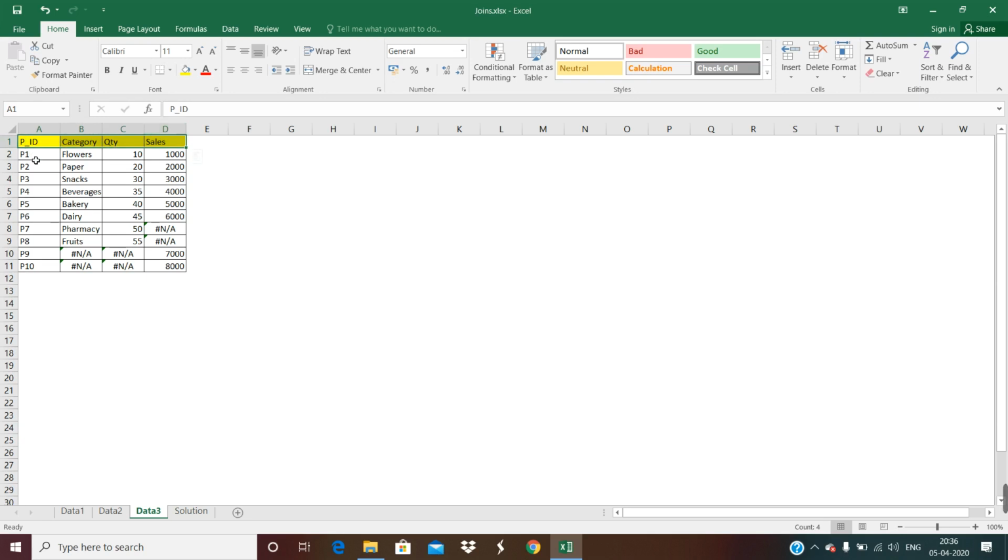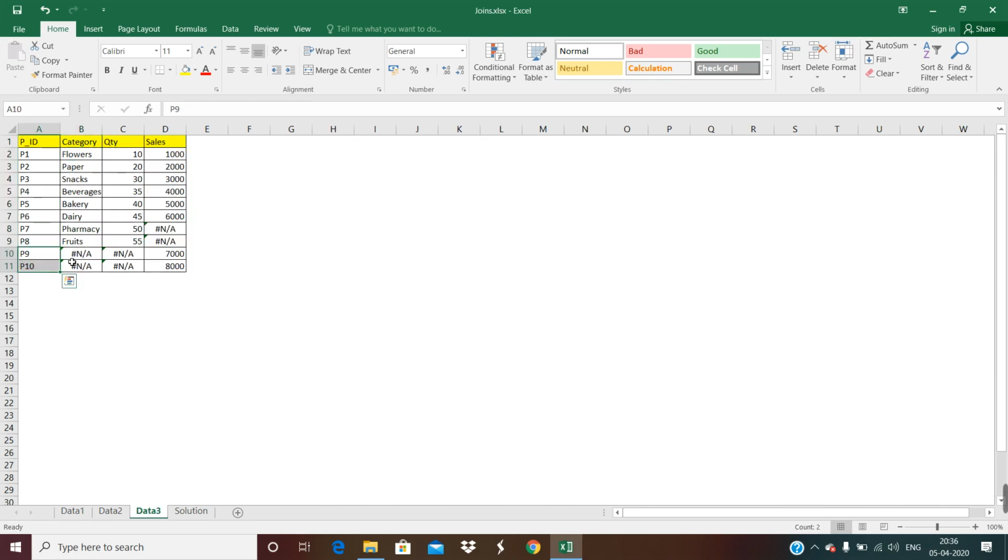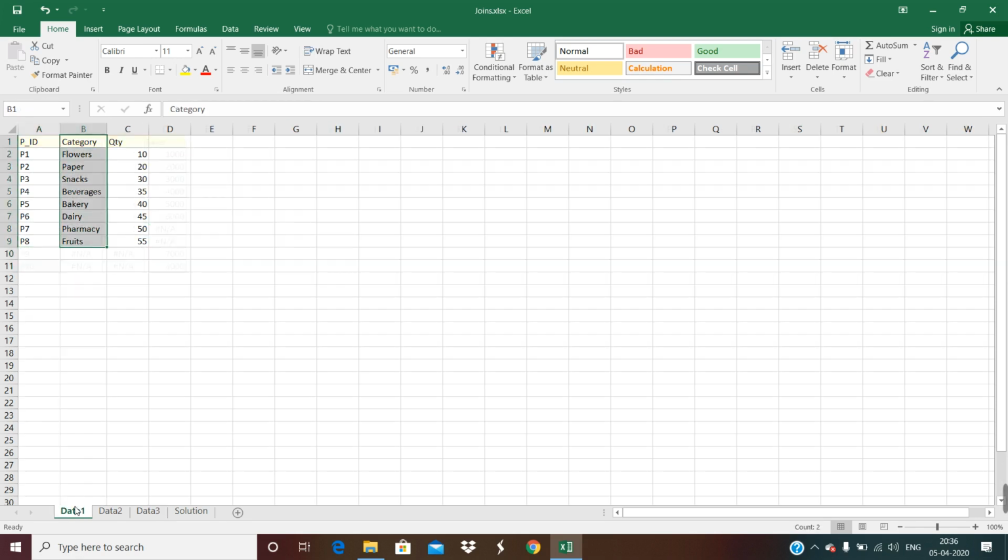So I've just mentioned all the product IDs over here, which are P1 to P10. For each of the categories, by just taking a VLOOKUP from the Data 1 tab, we have got the categories. We will notice that for P9 and P10, we don't have the categories populated because P9 and P10 are not available in Data 1.